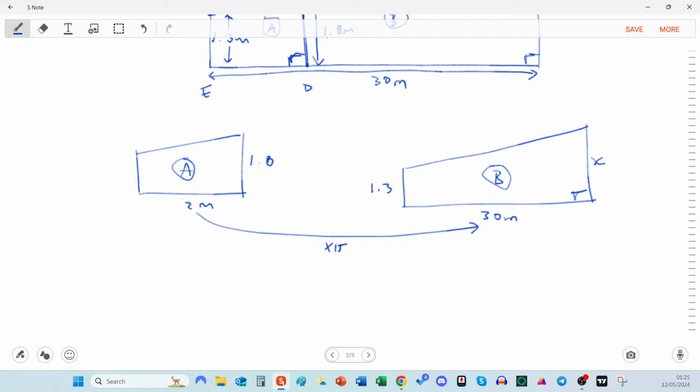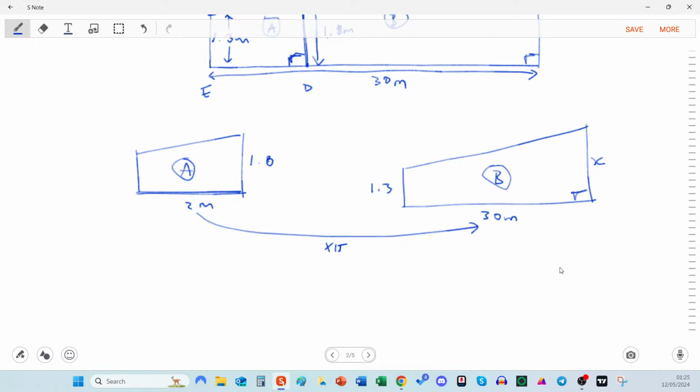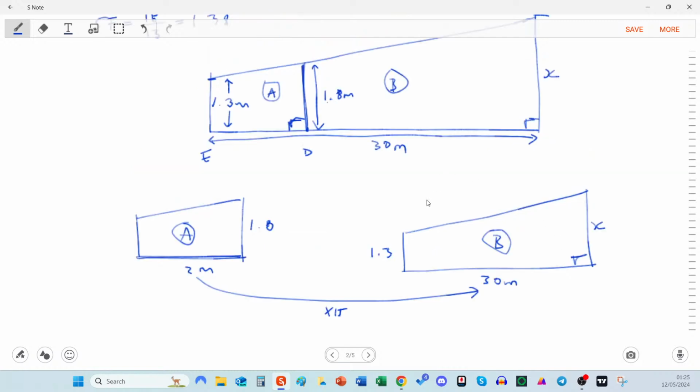So any length that's going to be on this little one, in terms of its similarity, the similar shape there on B, we're talking something that's 15 times more, because it's essentially a similar shape.